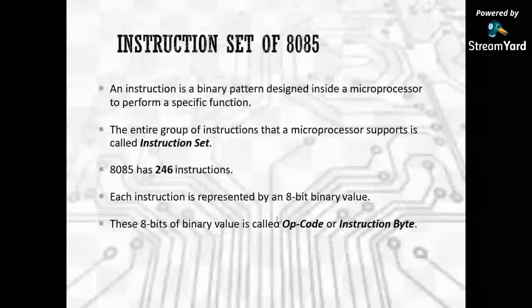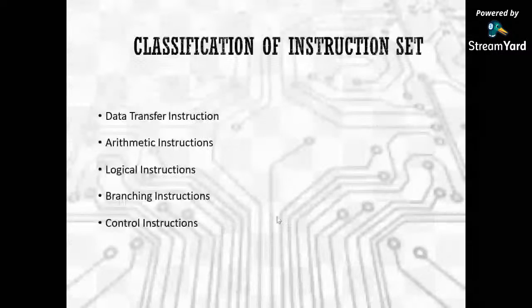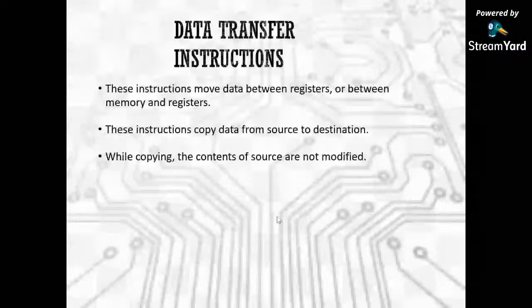This is the classification of the instruction set. We have data transfer instructions, arithmetic instructions, logical instructions, branching instructions atau percabangan, and control instructions. We are going to take a look first at the data transfer instructions. These instructions move data between registers or between memory and registers.